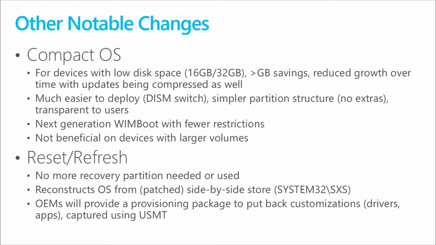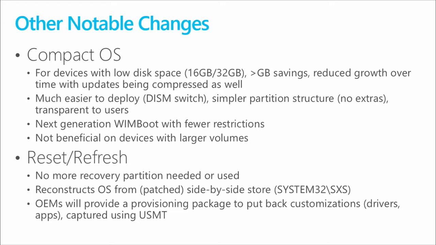And we could save a couple of gig of disk space in the process. With Windows 10, we've evolved that, so now it's not using the same structure, but behind the scenes it's really using the same technology. It's just much easier to deploy.